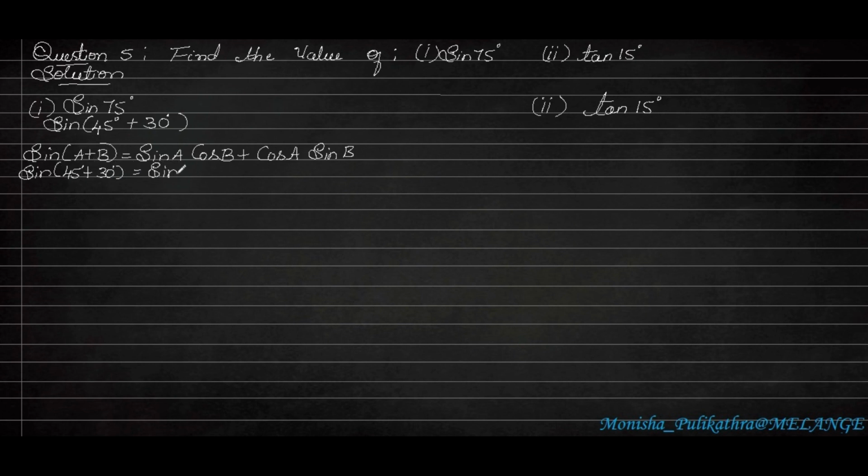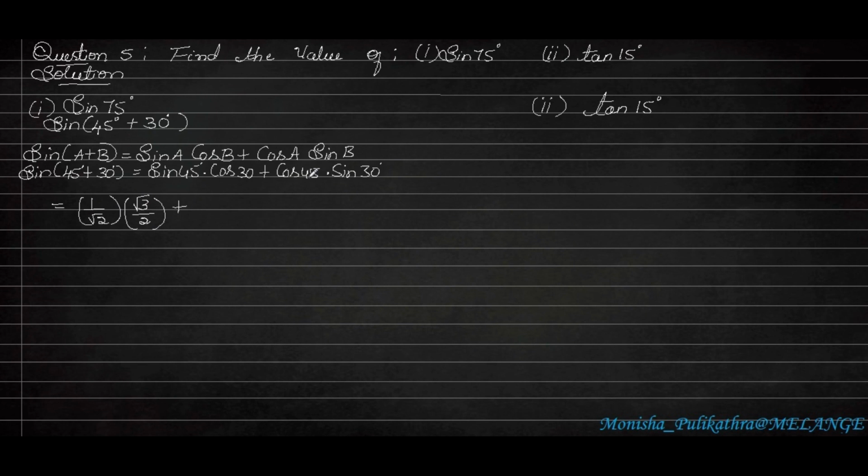So it will become sin 45 cos 30 plus cos 45 sin 30. These are all multiplication. The value for sin 45 in the table is 1 by root 2. The value of cos 30 in the table is root 3 by 2.